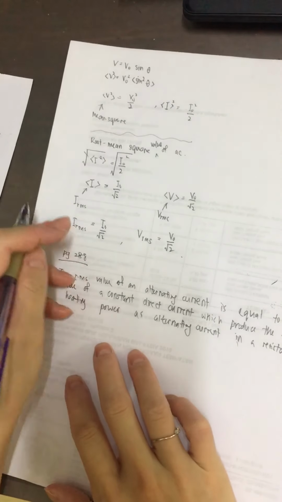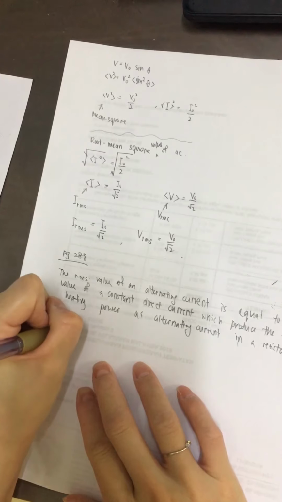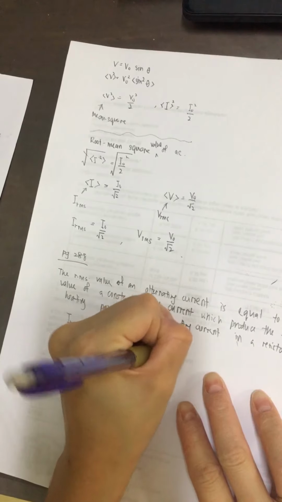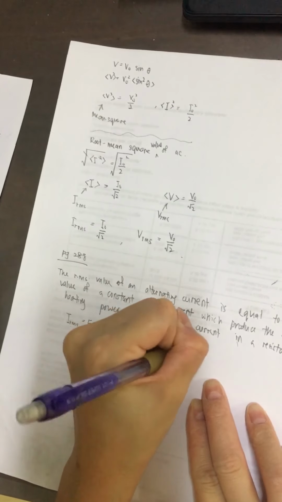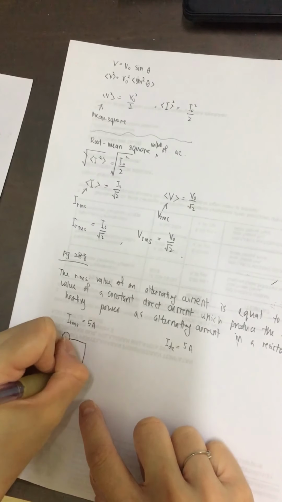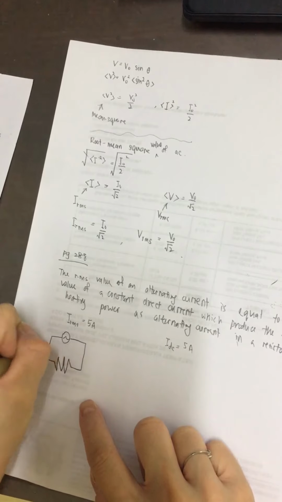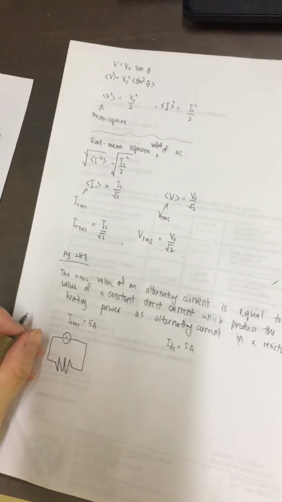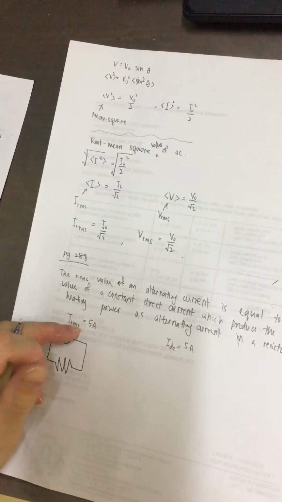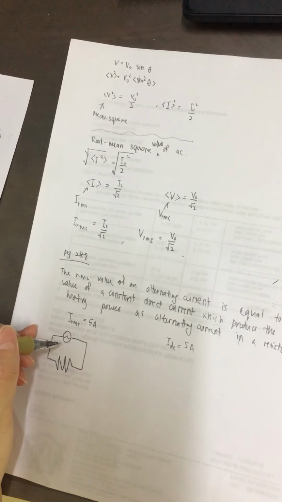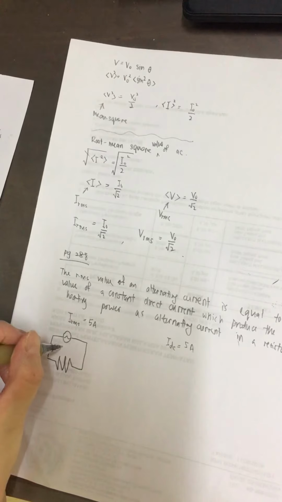So what does this definition mean? Let's say you have I r.m.s equal to 5 ampere, and your DC current is equal to 5 ampere. Because of the AC current, the current inside an AC circuit changes periodically. So this I r.m.s will be equal to 5 ampere, but you have to remember the maximum I for this type of circuit is not 5 ampere, it is actually greater than 5 ampere.